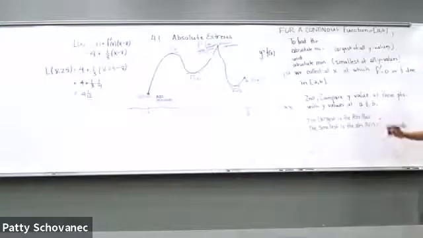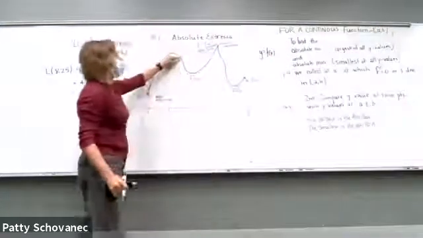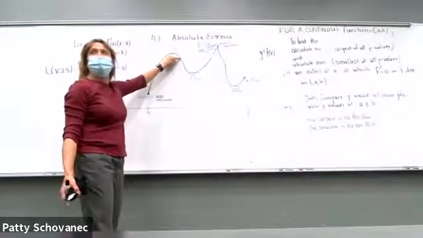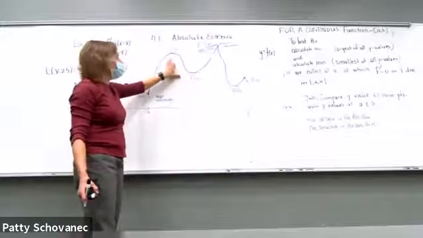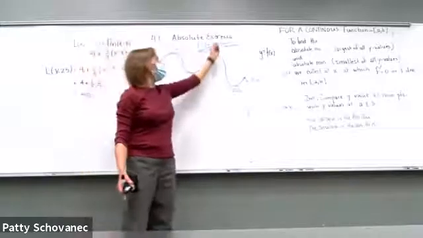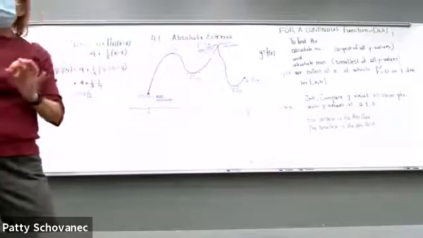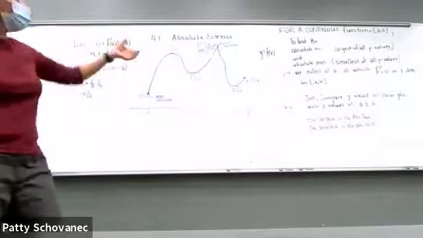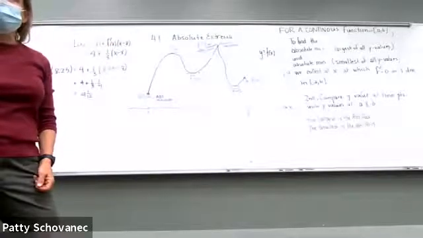I don't have to compare the y values at every single point. Points like here are not important. I want to know where the graph hits its peaks or its valleys. So I'm only interested where the derivative is 0. And if there's a sharp corner, there would be no derivative. The places on a function at which the derivative is 0 or where there's a sharp corner like that are called the critical numbers of the function.